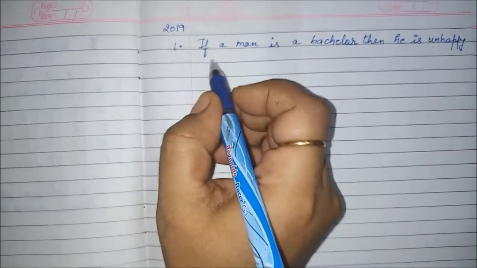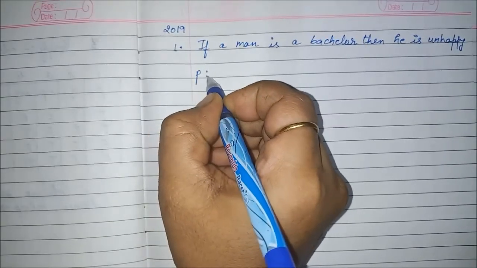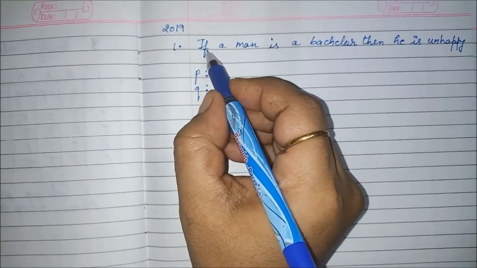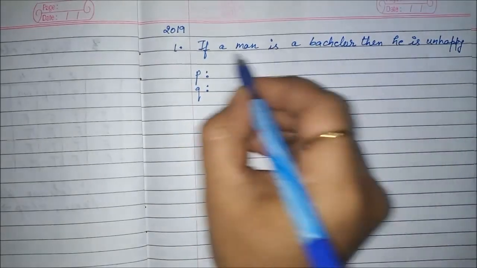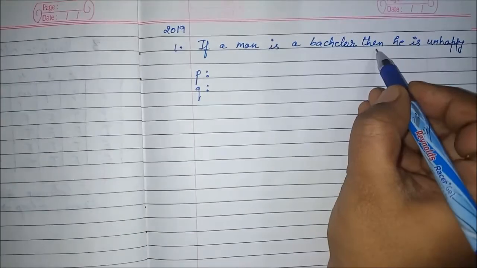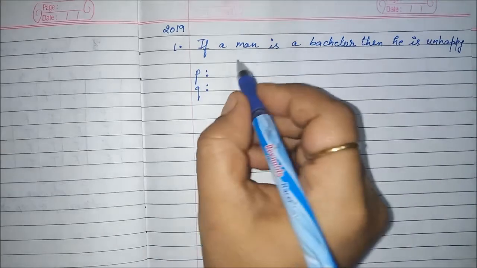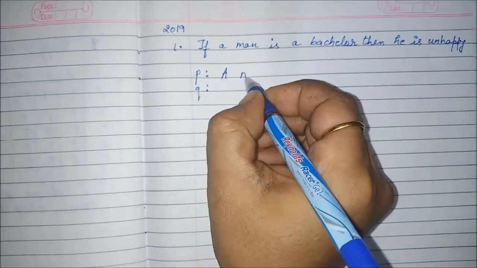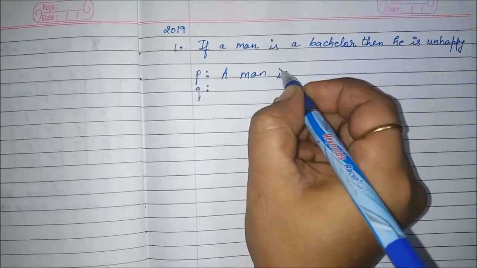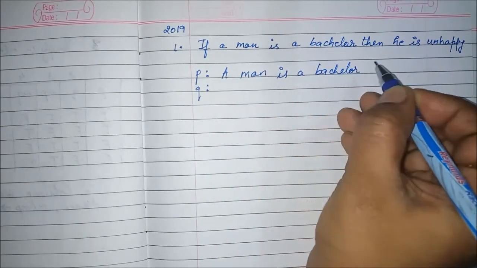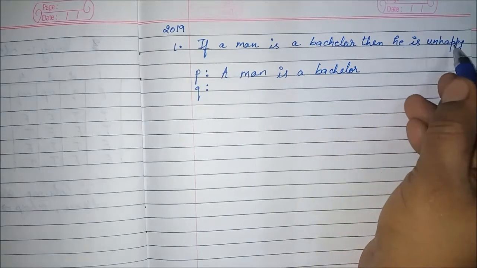So first we will write this statement in two parts, P and Q. First part is a man is a bachelor. It is connected by the logical connective if then, there is implication. So P is a man is a bachelor. Second part is he is unhappy.